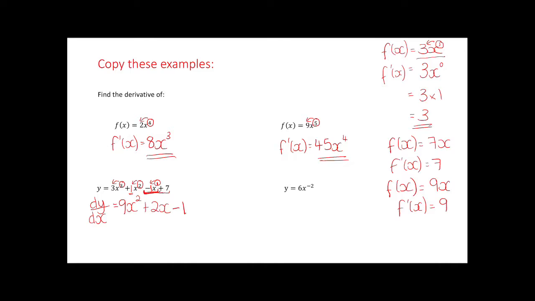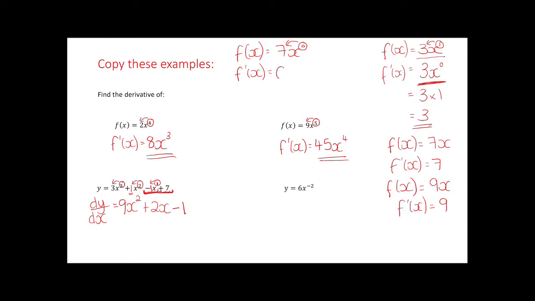Now if we look at this final part here, so looking at this plus 7. So think about that plus 7. That is just 7 times x to the power of 0, but obviously we don't write that because remember we've seen over here that x to the power of 0 would just give us 1, which would again just give us our 7. If we were to differentiate this, that 0 would move down and multiply by our 7.